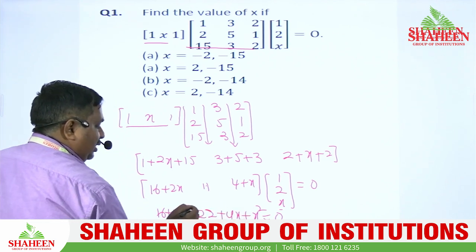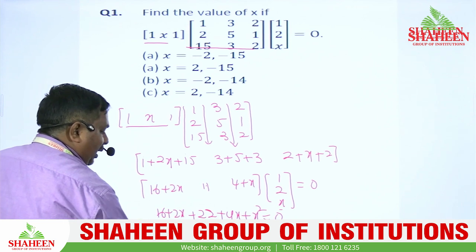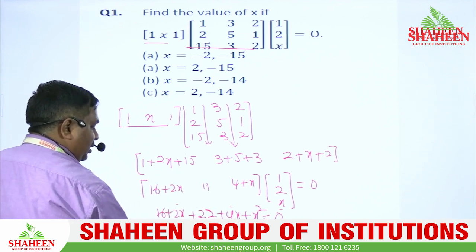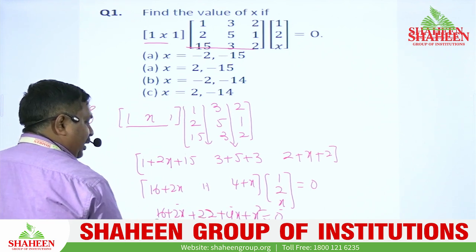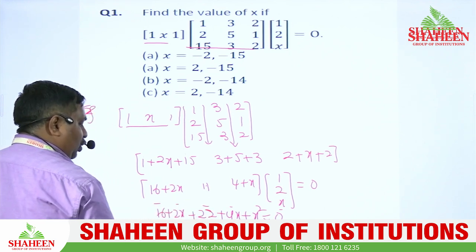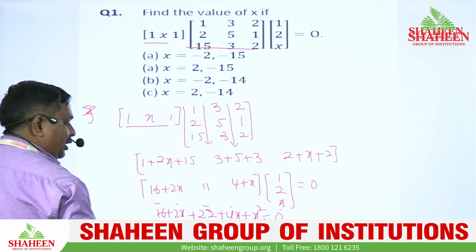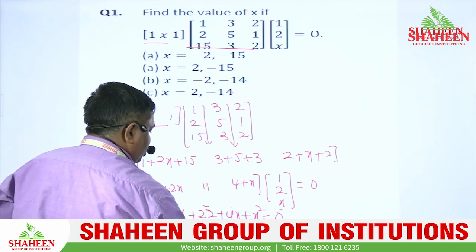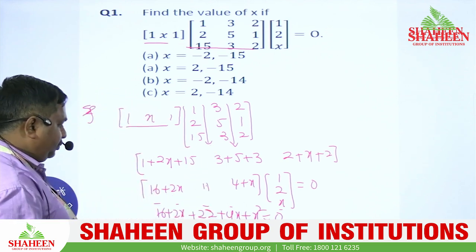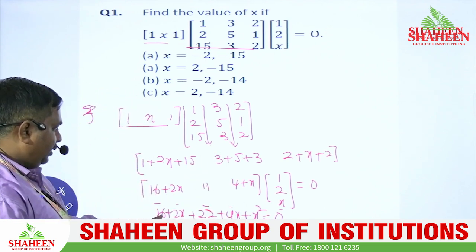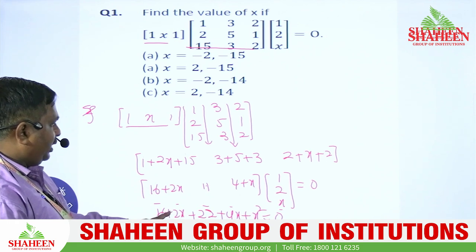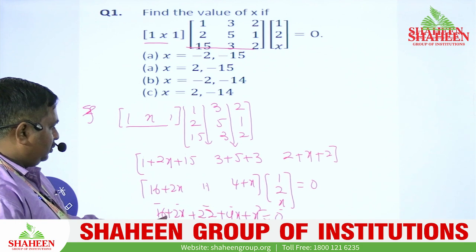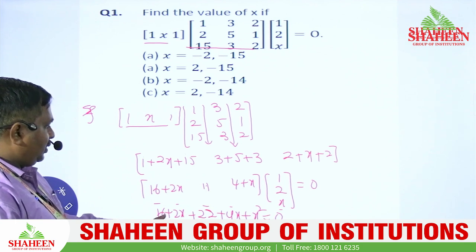Now this is a quadratic equation and it is expressed as x square, 4x plus 2x is 6x, and 16 plus 22 is 38. That is plus 38 equals 0. 11 twos are 22. 4x plus 2x.